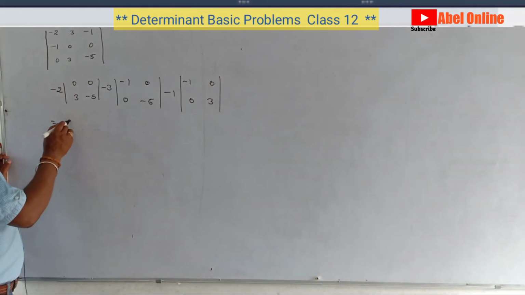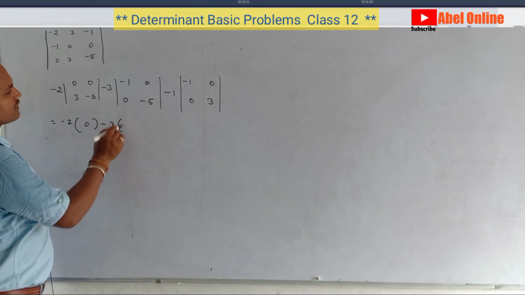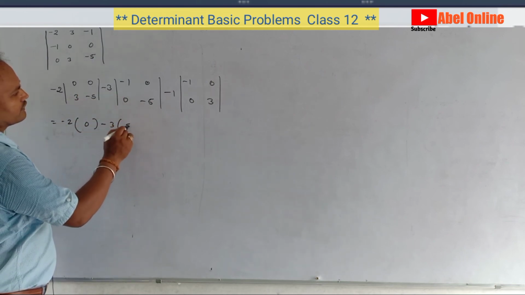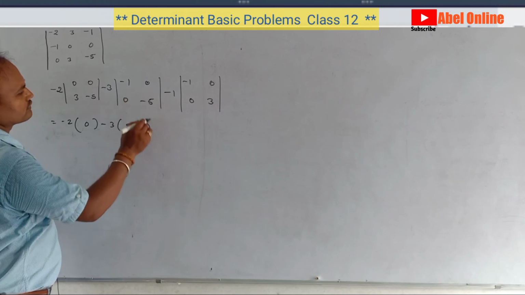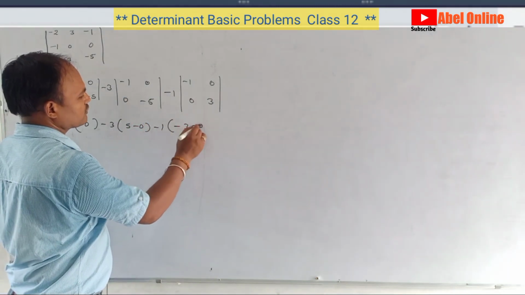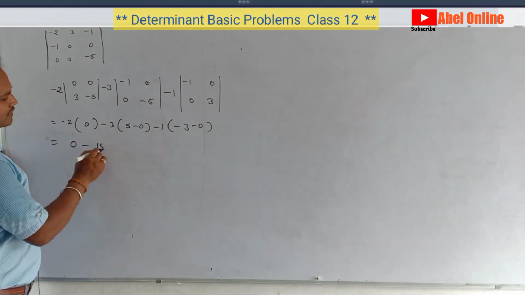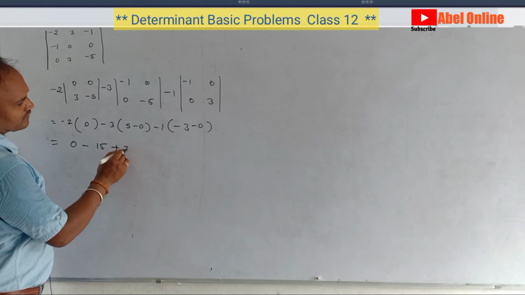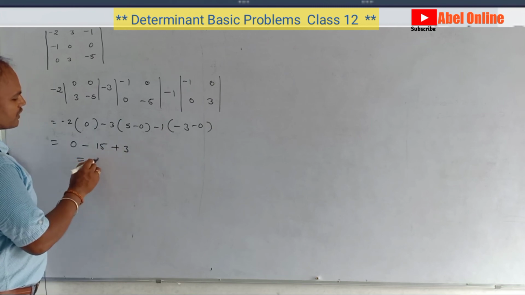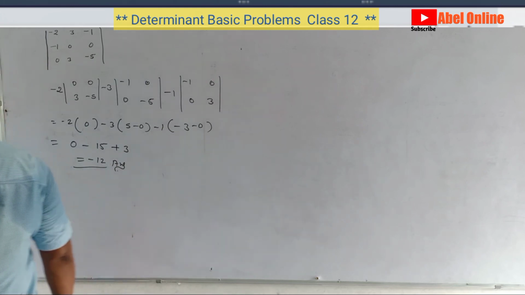So it is minus 2 into 0, minus 3 into 5 minus 0, minus 1 into minus 3 minus 0. So students, it is 0, minus 15, and 3, so minus 12 is your answer. Now this is completed.